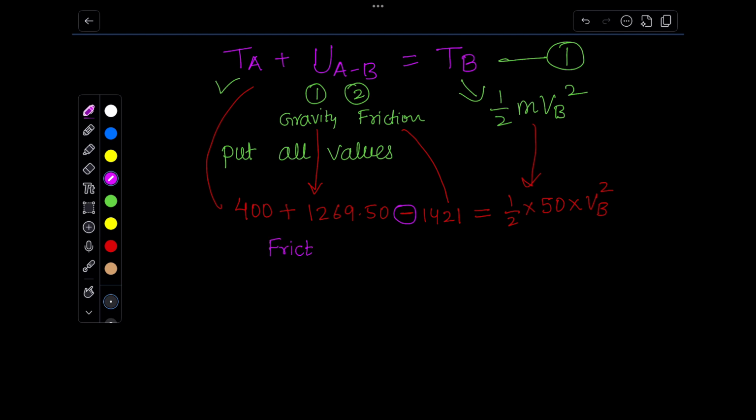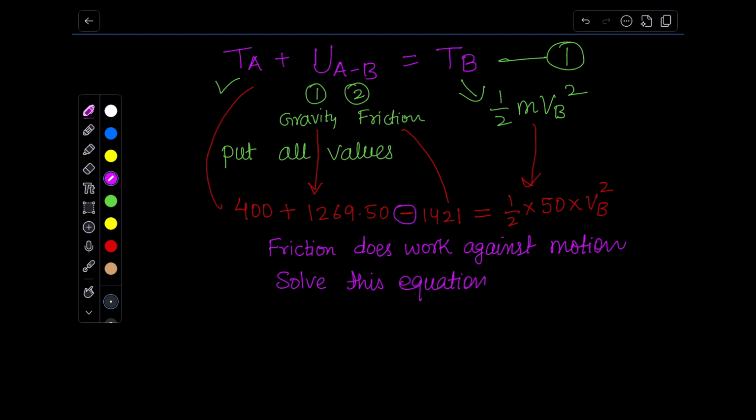So here I wrote all values just to remind you again that work due to the friction will be minus or negative. Now we can easily calculate the value for the velocity at position B. Solve it please by using your calculator.